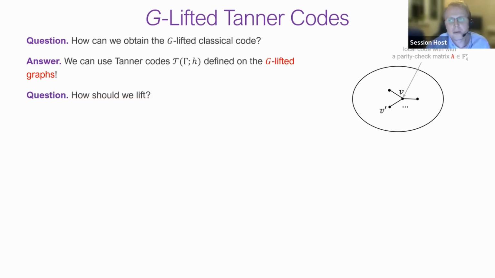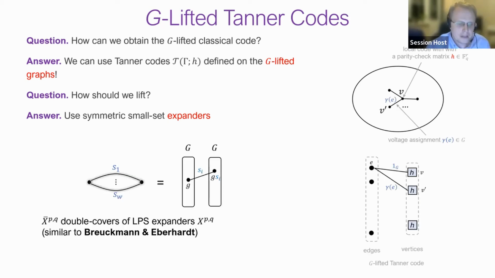And we apply it to codes that have some symmetry. By symmetry I mean that they are G-lifted, so we have a free action of the group G. In our particular construction, we use ideas similar to the idea of Brookman and Eberhard. Instead of just the Cayley graph, we use its double cover.